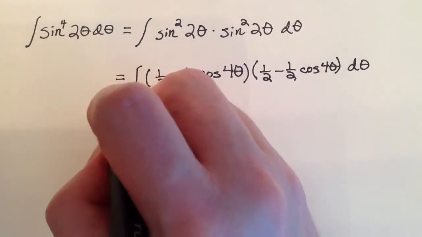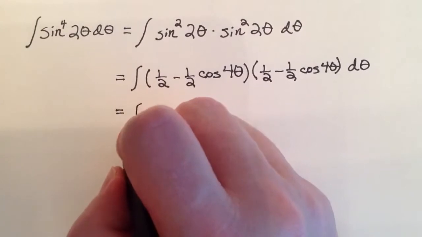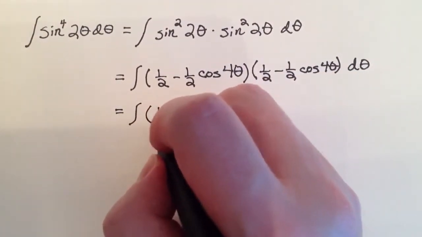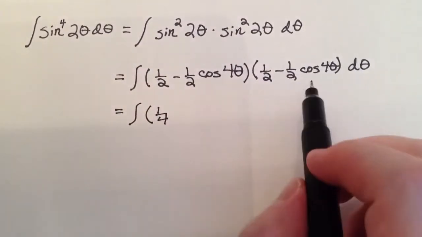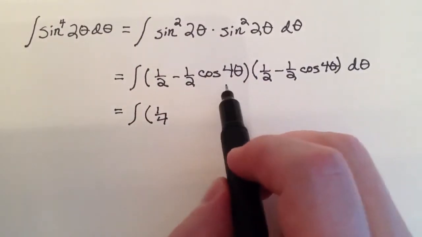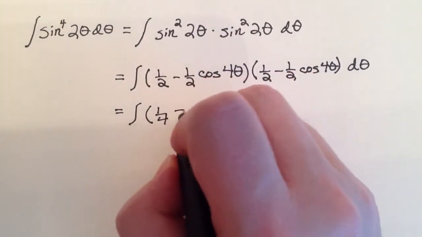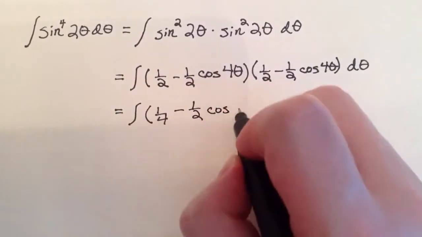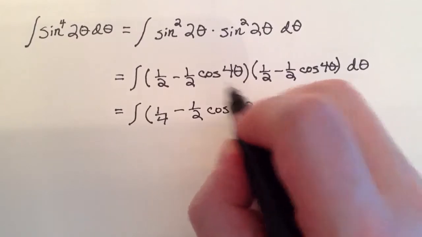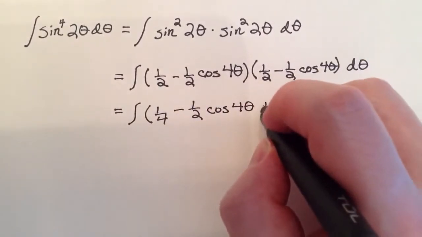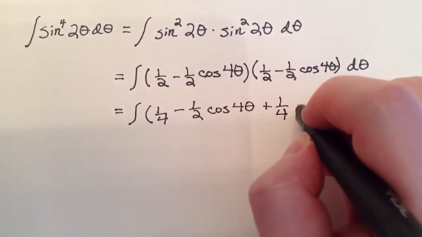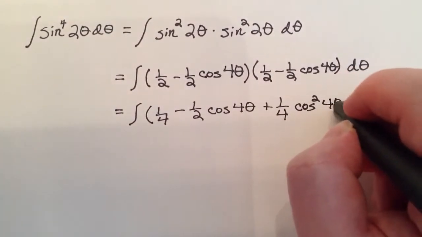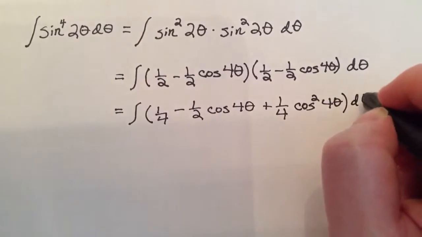And so for what we have in this arrangement, we have 1/2 of a half is going to be 1/4. We have minus 1/4 cosine of 4 theta minus 1/4 cosine of 4 theta. So we have minus 1/2 of the cosine of 4 theta, and this will be plus 1/4 of the square of the cosine of 4 theta d theta.